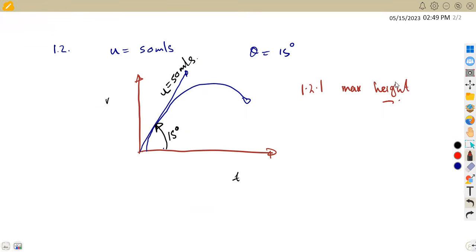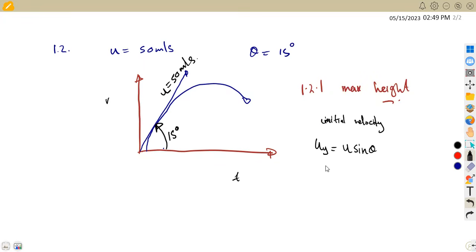So at the maximum height, the initial velocity is the velocity that we are going to obtain from the vertical, which is u_y. That is going to be our initial velocity. Our initial velocity is going to be equivalent to this initial velocity from u. We are going to find this as u_y, from the vertical, which is given as u sine of theta.